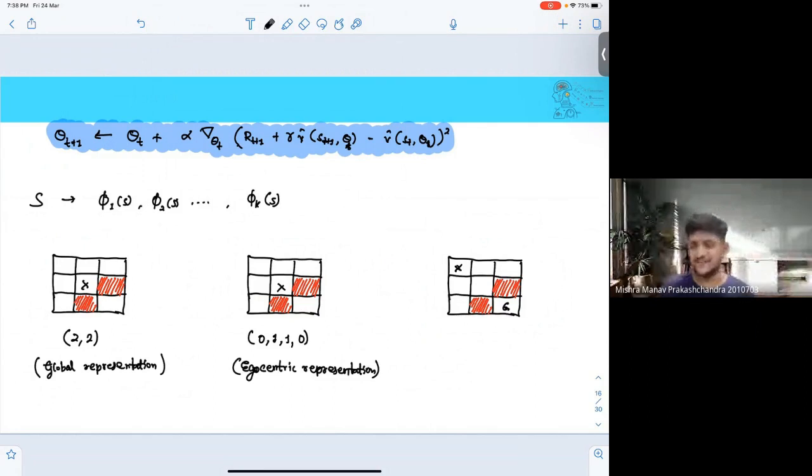Similarly, another sort of representation is, let's say the agent is at point X and this is a goal. So I need a goal oriented representation. I would typically like to know the direction to the goal. So let's say there is some sort of bearing information that the agent has. It has an idea of where the goal is, and based on that, it tries to make a particular action.